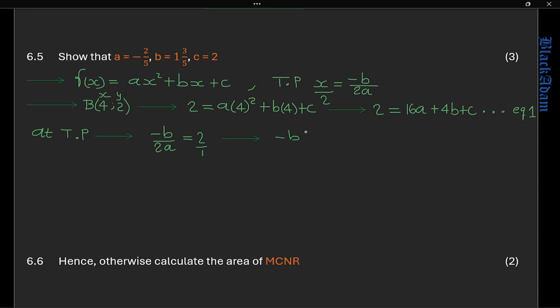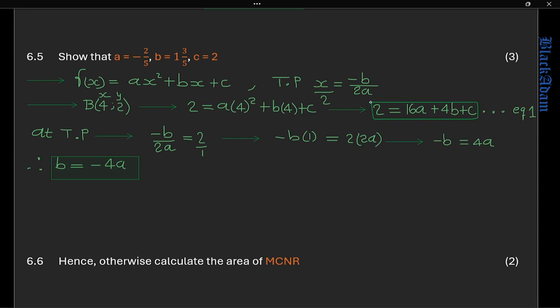Now solving for b: negative b over 2 times 2a gives 2, so minus b equals 4a. So b is going to be minus 4a. That's our value for b.